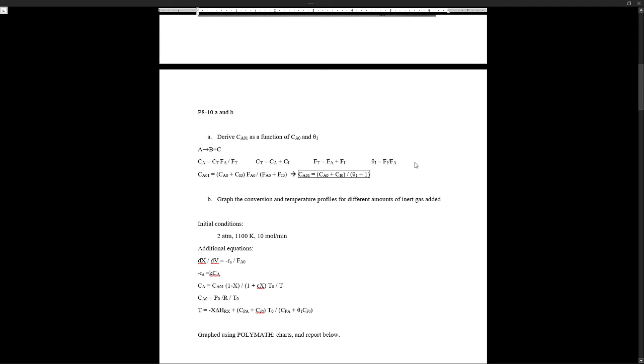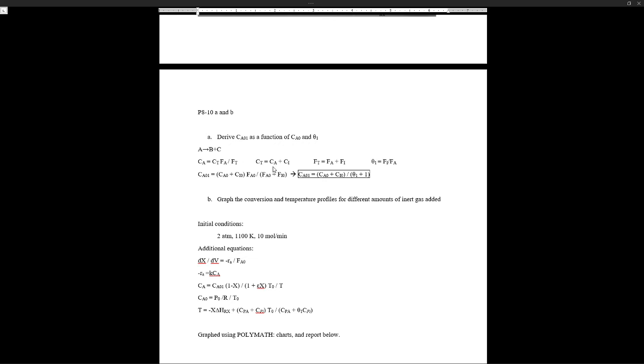So for part A, to derive C_A0,1 as a function of C_A0 and theta I, you have A goes to B plus C. Using these base equations for PFRs, we get that C_A is equal to C_total times F_A over F_total, and each of those relating equations equals its counterpart for the feed.